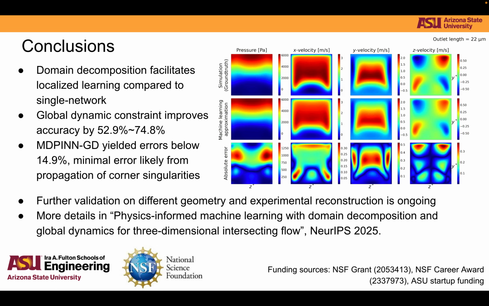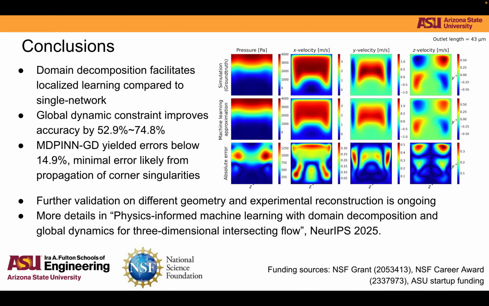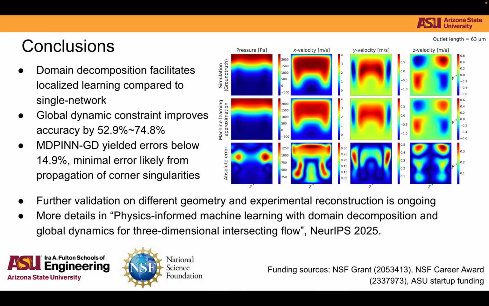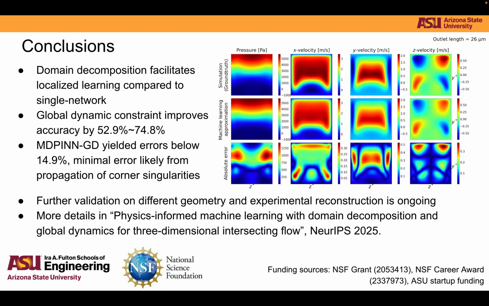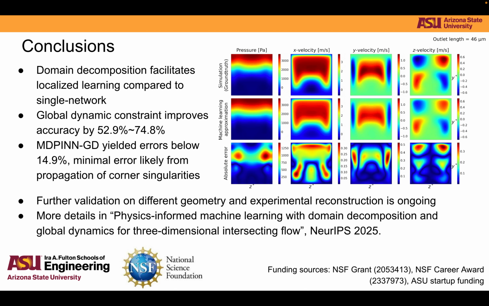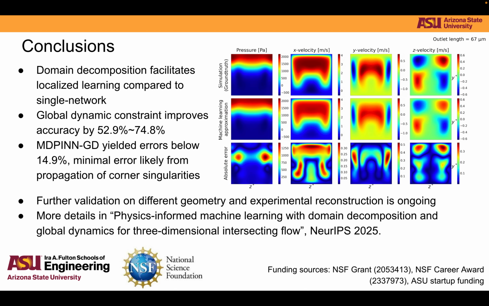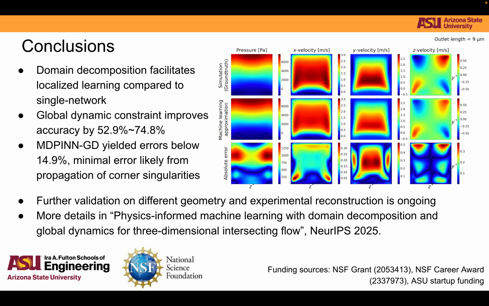To conclude, we see that the domain decomposition method actually helps the network learn much better compared to just having a single network. So having a divide and conquer approach compared to just trying to solve the problem using one single large network.